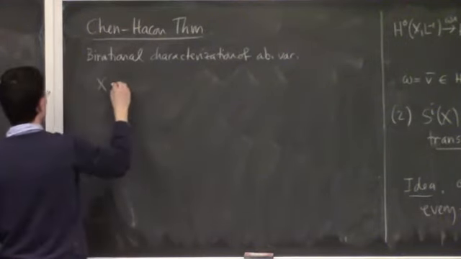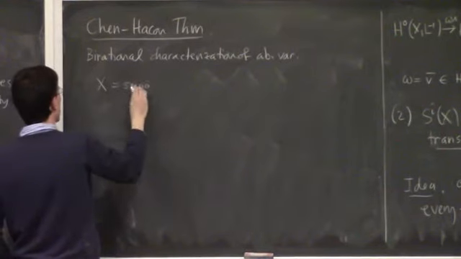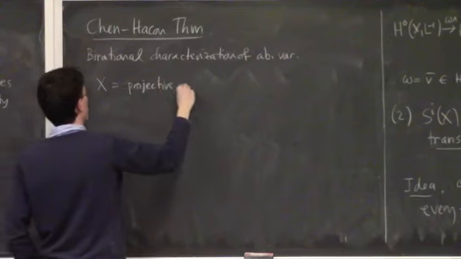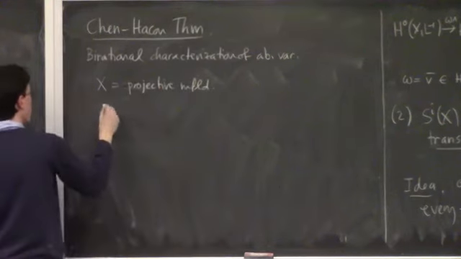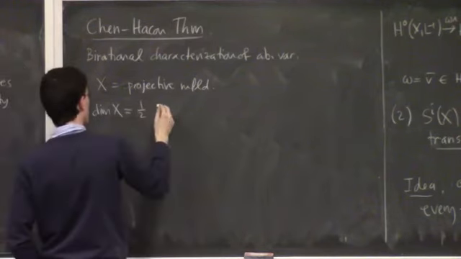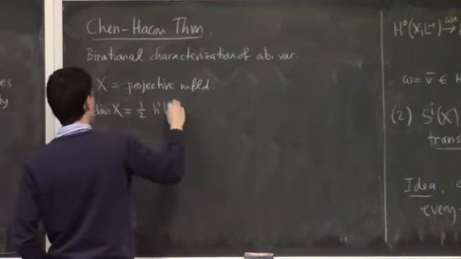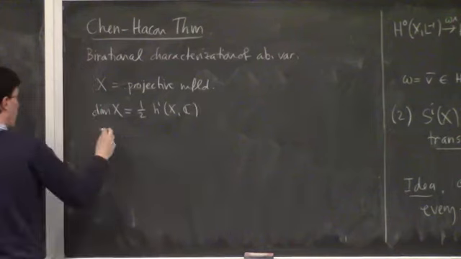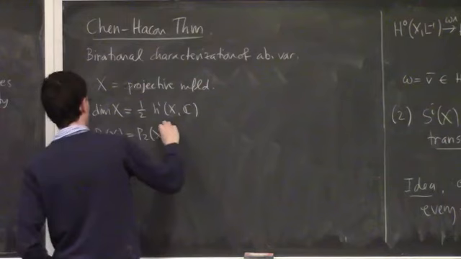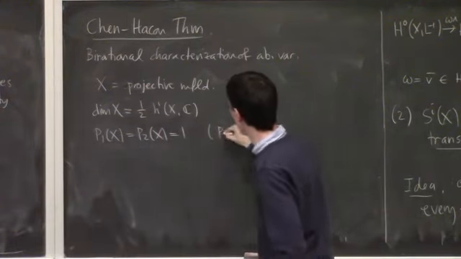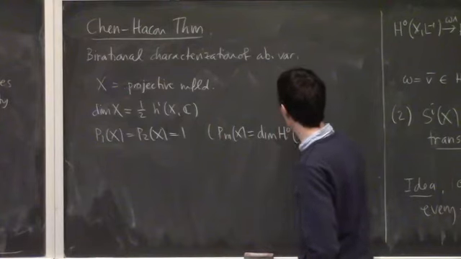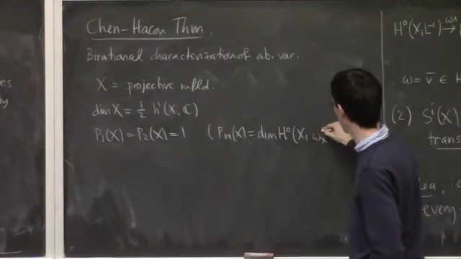So it says if you take X a smooth projective variety, a projective manifold, and suppose that the dimension of X is equal to the first Betti number over 2, and also the so-called plurigenera P_m(X) equal 1, where P_m(X) is the dimension of the space of sections of the m-th power of your canonical bundle.